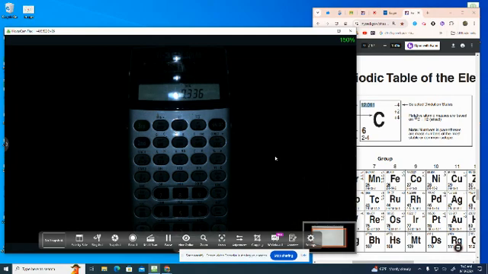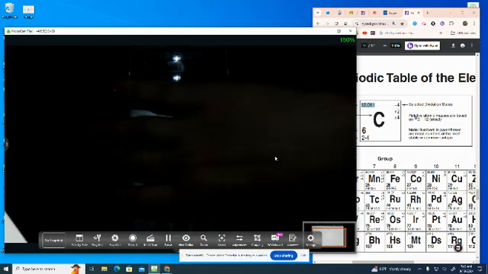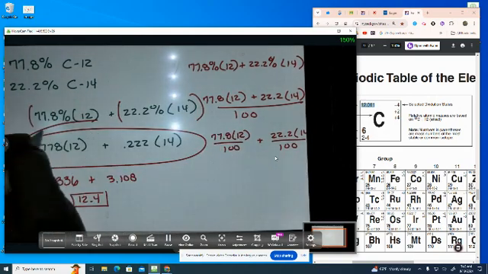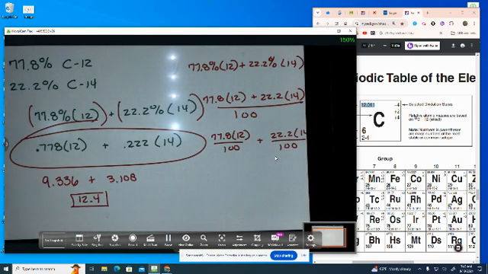Then I'm going to hit plus, parentheses, 0.222 times 14, close parentheses, equals. Okay, make sure you're putting these in parentheses. You don't have to do the first one, but you definitely have to do the second one, or your order of operations is going to be all screwed up.